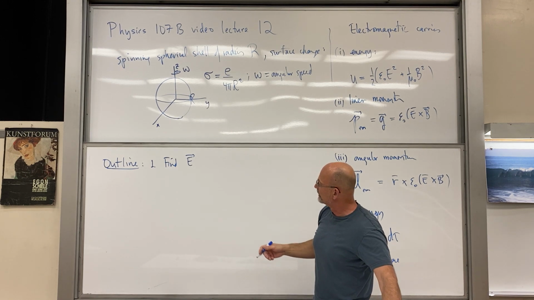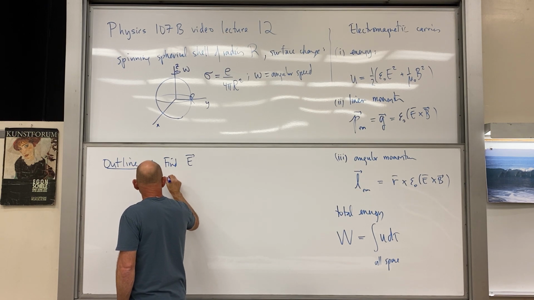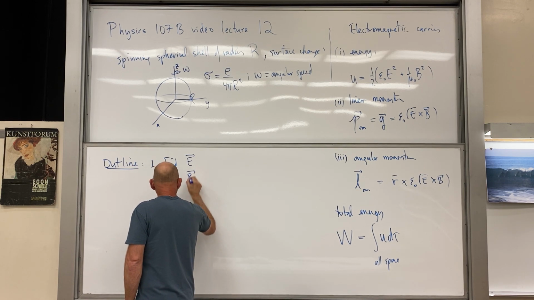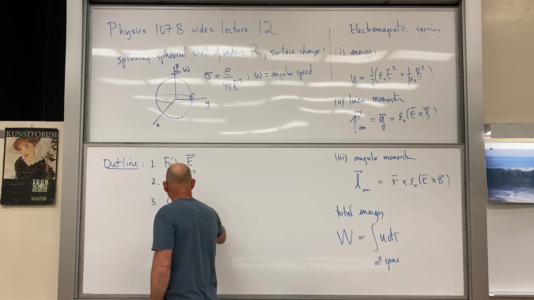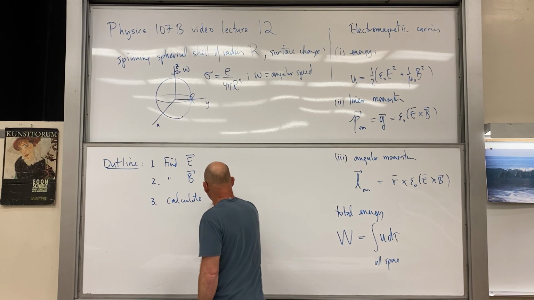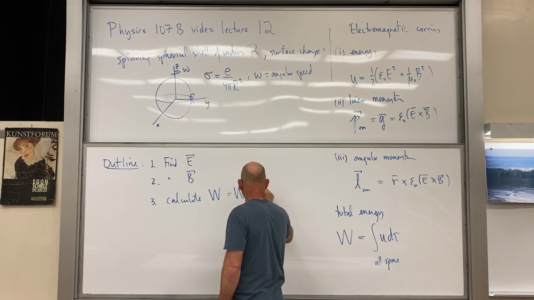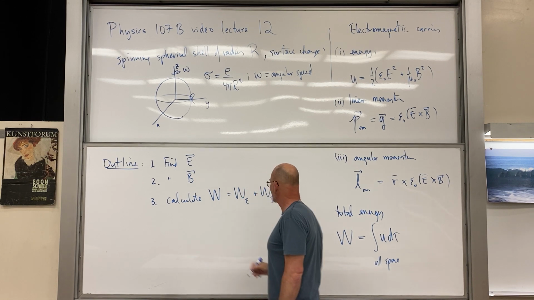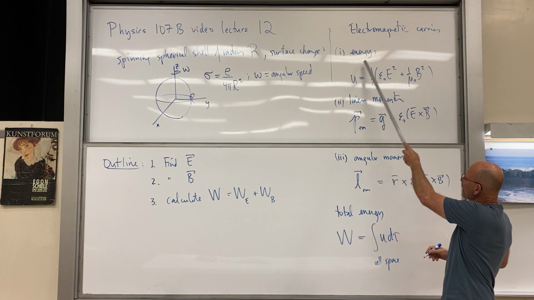So we'll have to find E. Second, find the magnetic field. Third, calculate total energy, electric plus magnetic field, which will be the total integral over this expression here.